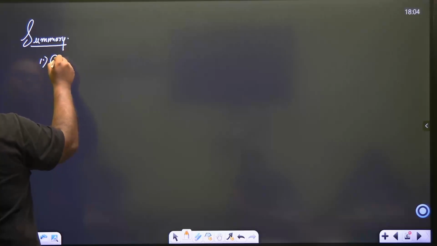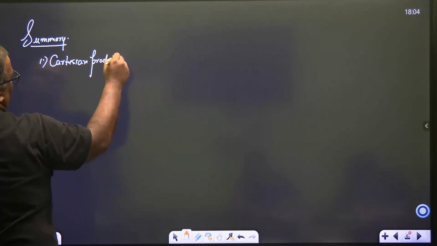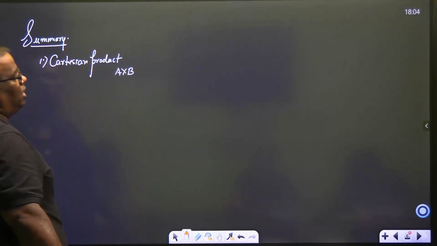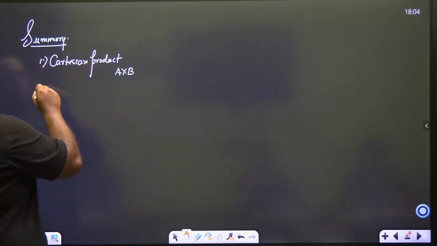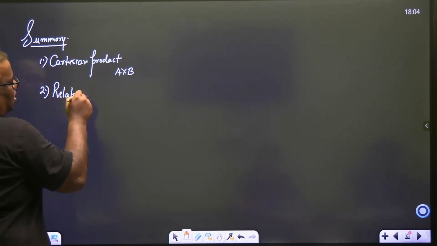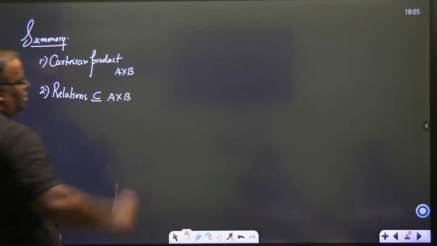A summary. We first understood what is Cartesian product, and that was A cross B. So this is like your universal set. Then we understood what is a relation. So relations are subsets of A cross B always.